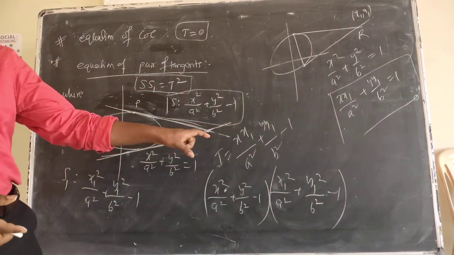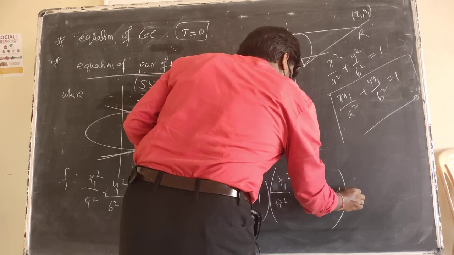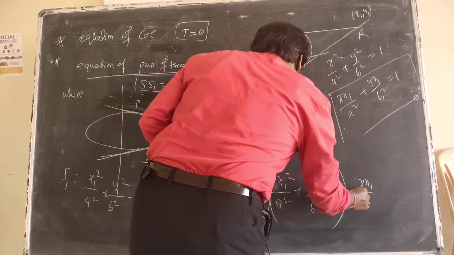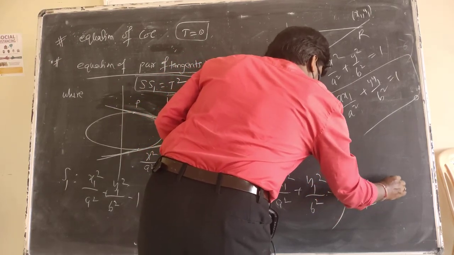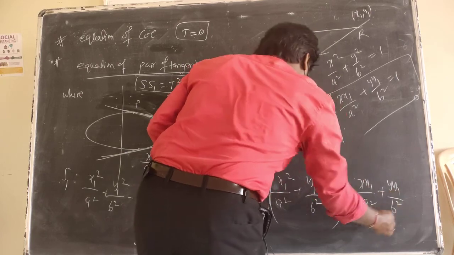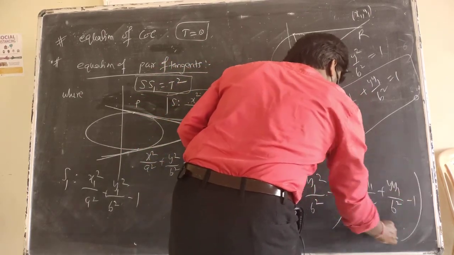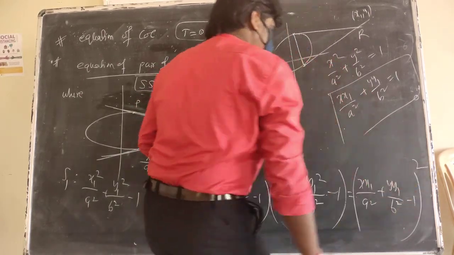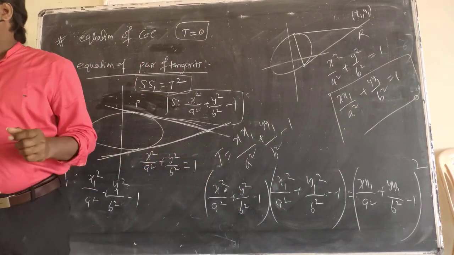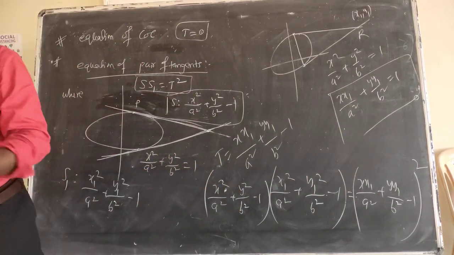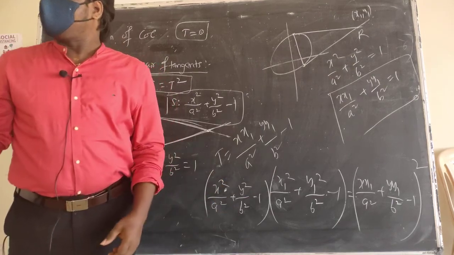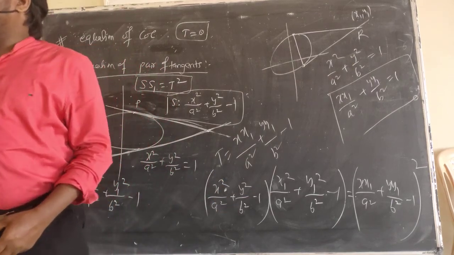This into that is equal to T square. T square means x x1 by a square plus y y1 by b square minus 1, whole square. This is called the equation of pair of tangents.